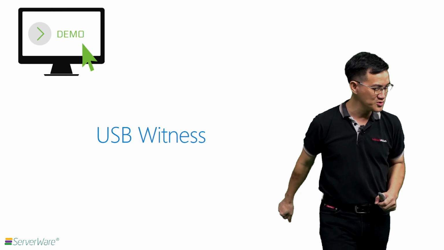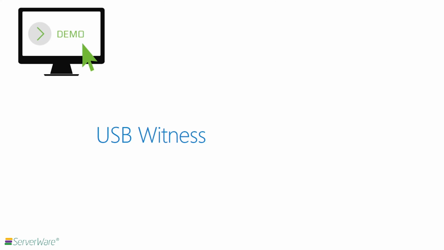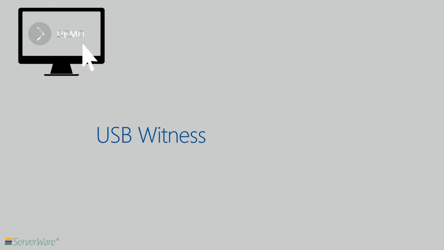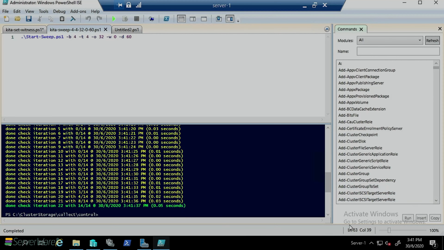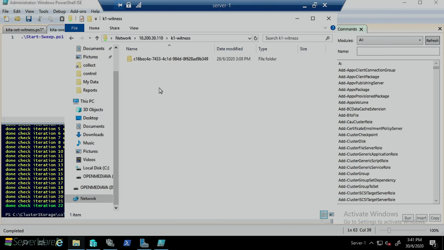Let's jump right into the screen and look at what I am talking about. If you look at the screen, on server 1 again, you'll be able to follow me. I have one USB drive plugged into the server, and I have shared this particular folder out to the network.